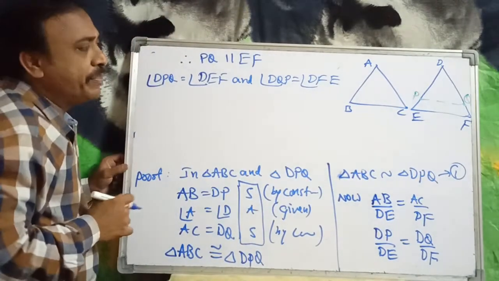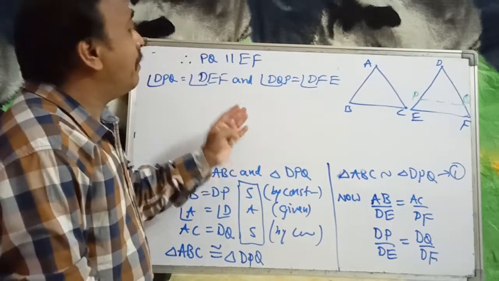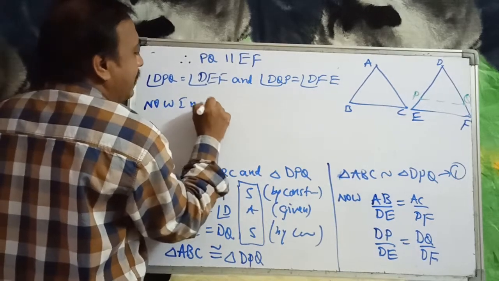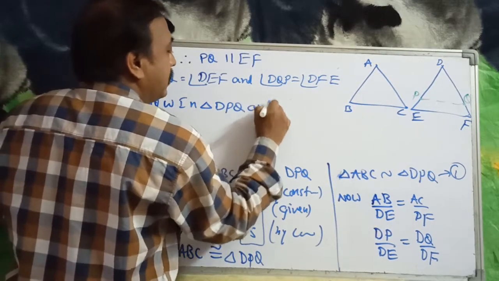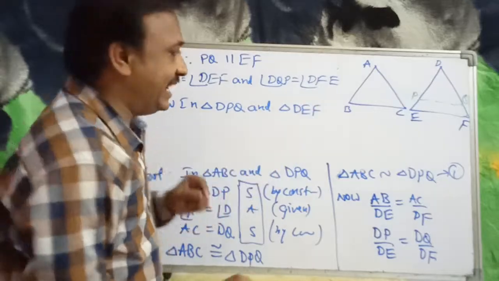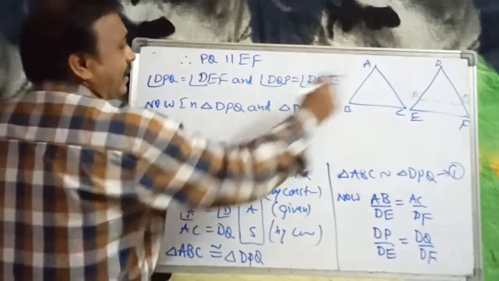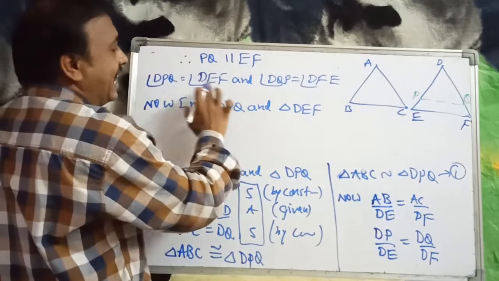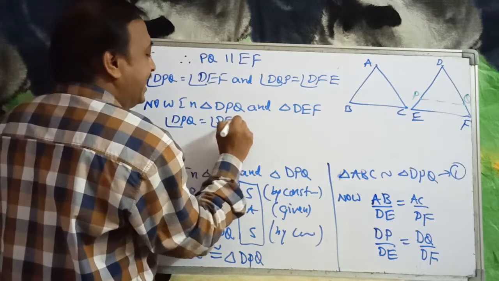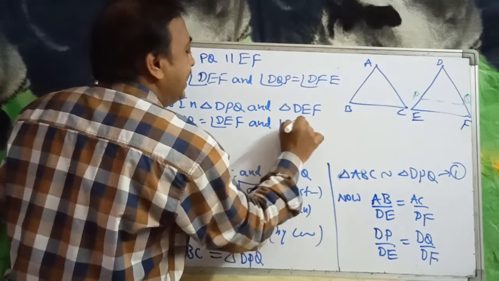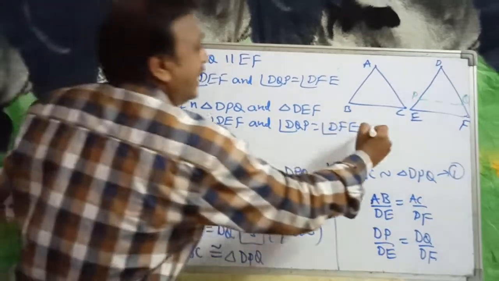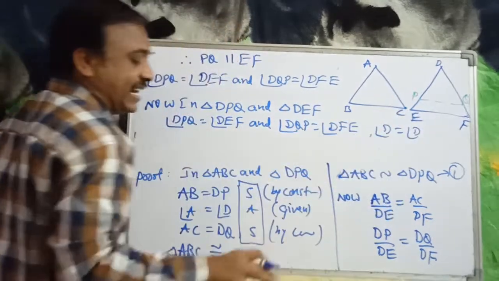If the corresponding angles are equal, now by AA similarity, in triangle DPQ and triangle DEF, angle DPQ is equal to angle DEF and angle DQP is equal to angle DFE, and angle D is equal to angle D, that is common in both.